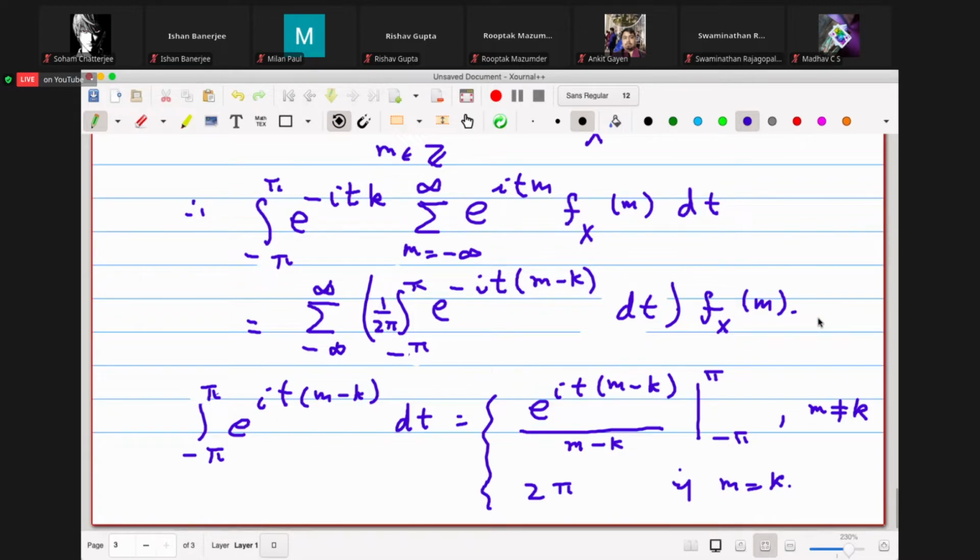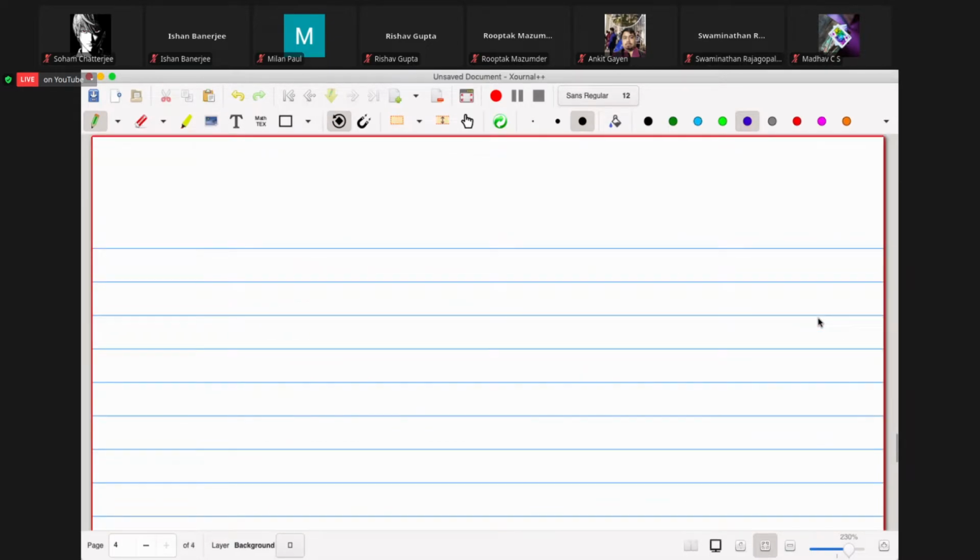So all said, this means that the integral 1 by 2 pi, minus pi to pi, e power minus itk phi x of t dt is equal to f of k.